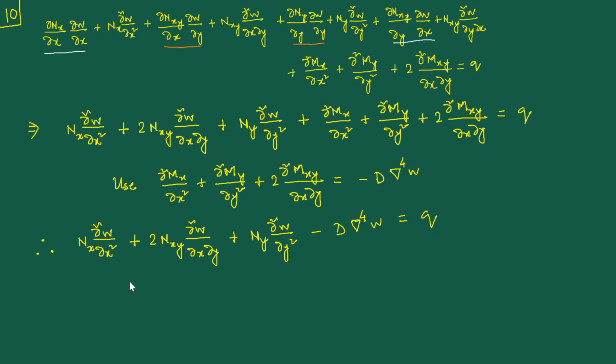Let's put it that way. So what we're going to say is that this nx is basically coming from the sigma xx, this nxy is coming from the sigma xy, and this ny is coming from the sigma yy. Now, what we have done in this chapter on the Föppl-von Kármán theory of plates is exactly the same thing that we had done back in our classical plate theory, the previous chapter, and that is by integrating through the thickness of the plate from minus h/2 to h/2, we have effectively reduced what is essentially a 3D problem to effectively a 2D problem.